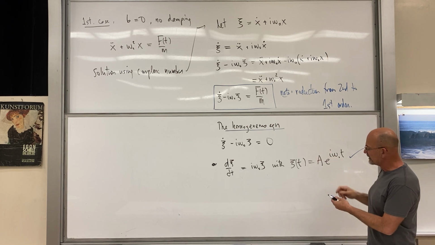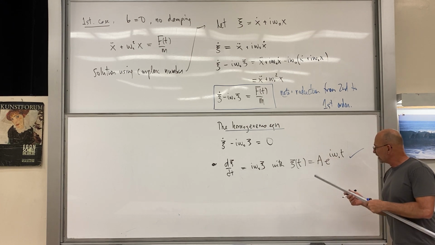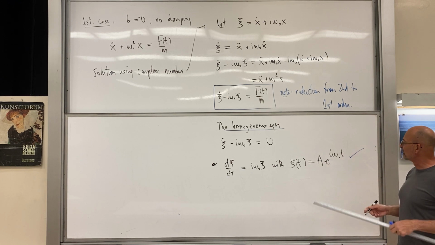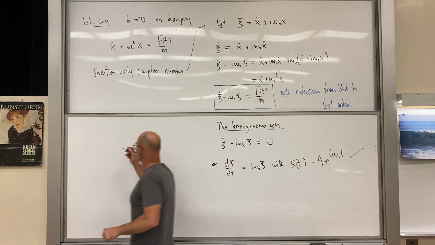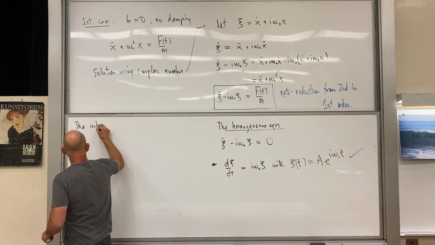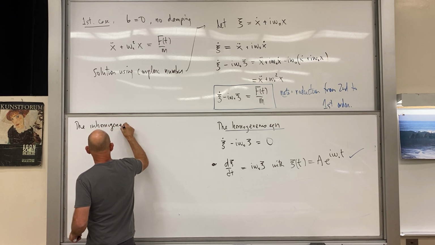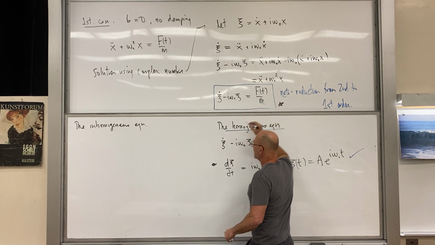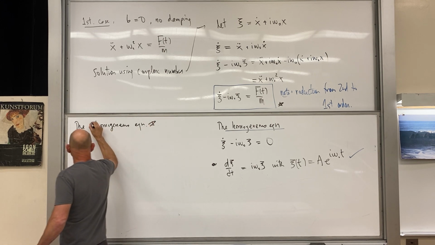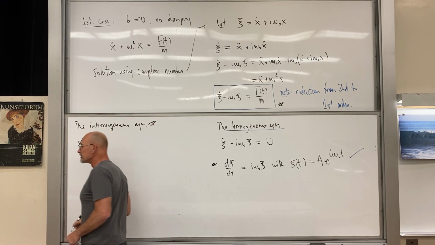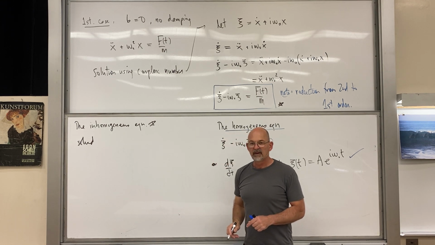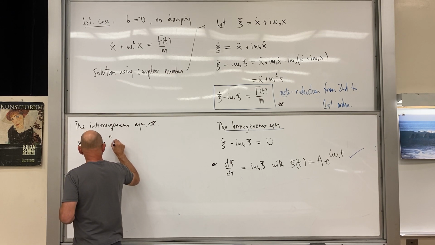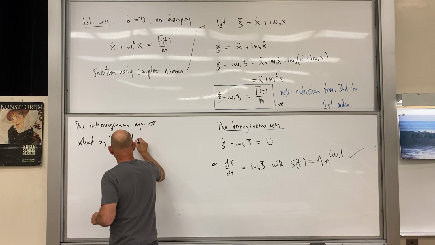So the technique to solve the inhomogeneous equation is to turn this amplitude into a function of time. So that's going to be our trial solution. So the inhomogeneous equation, which is this right here, is going to be solved by a technique called variation of constants, of which I recall there being a couple techniques named that. So solved by, I'll just put this in quotes here, variation of constants.